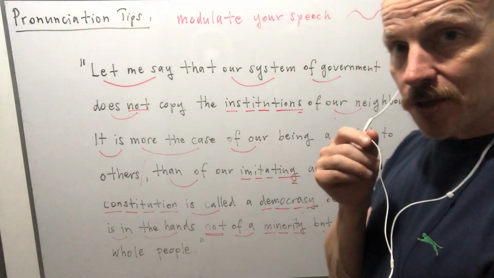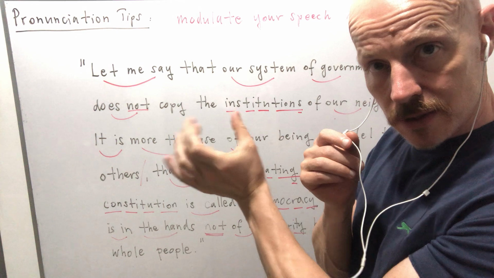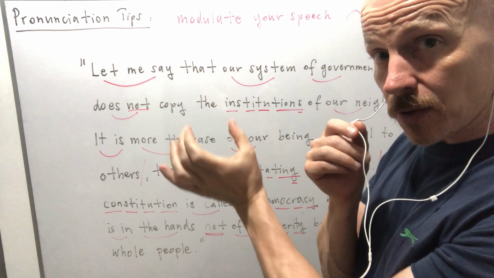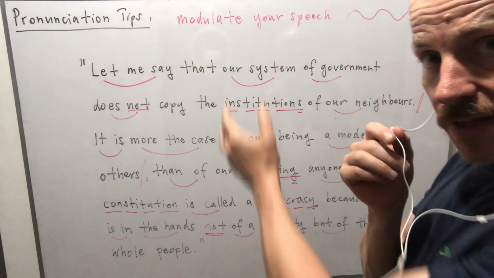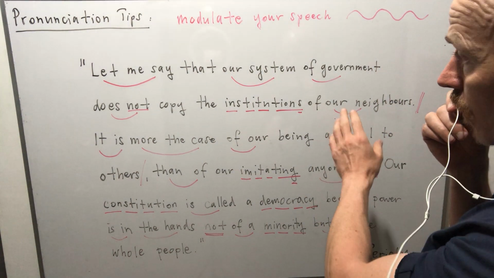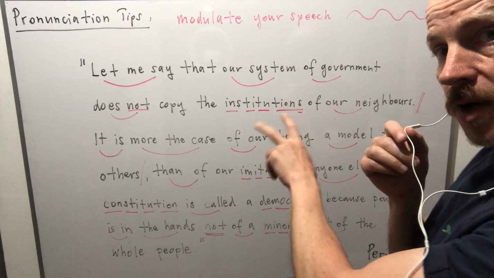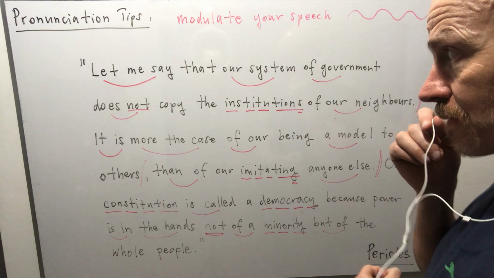Okay? So with this we're looking at phrases we usually say together more or less as sort of 3 words together. It's like a sub-phrase within the sentence. That gives you a natural break. We're looking at longer words where the syllables are to help us spot where we put the stress.